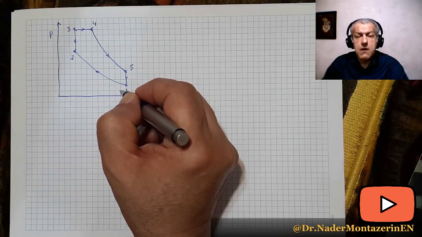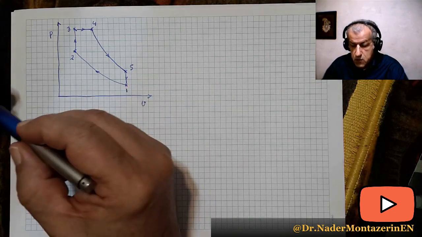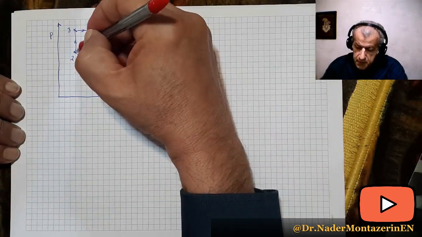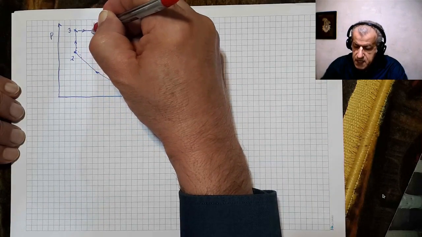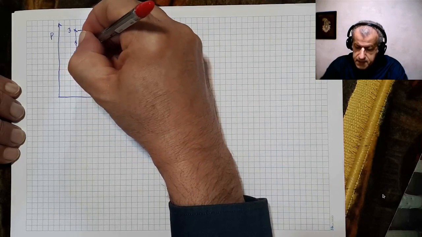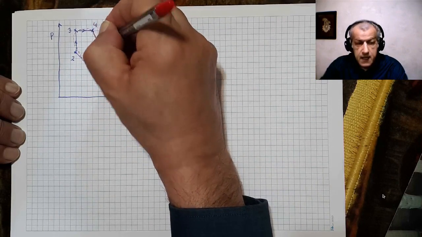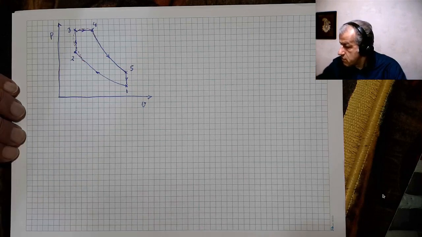That's what the four-stroke engine does, but for the ideal process we just ignore that. The real process in every engine is somehow a mixture of both diesel and Otto cycles, so this is a good representation of both of them.